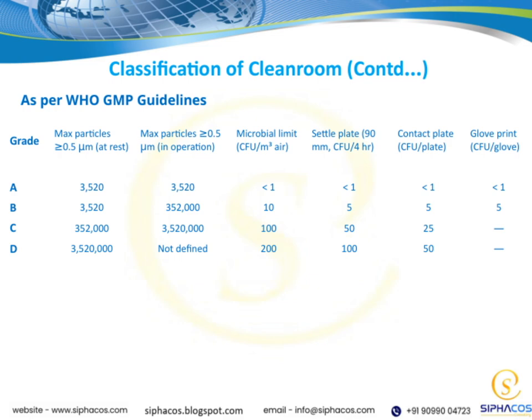The microbial limit is less than 1 CFU per cubic meter of air, and settle plates, contact plates, and glove prints all show less than 1 CFU. This level is critical for environments requiring the utmost sterility, such as aseptic manufacturing.